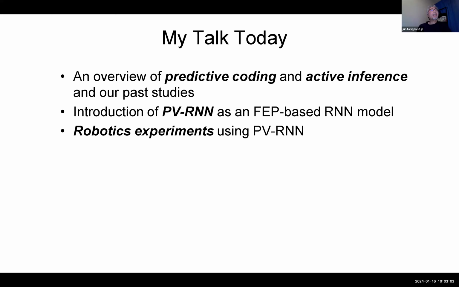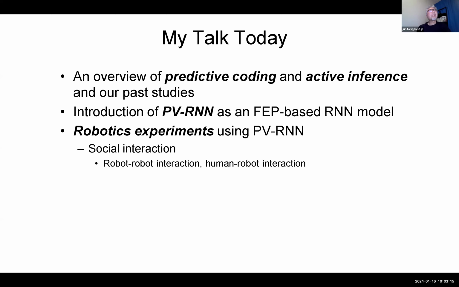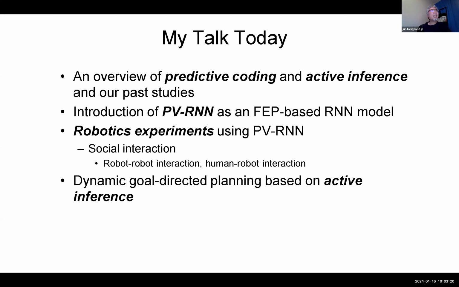After going through the basics of this model, I'm going to introduce some robotics experiments using it. That includes social interaction, imitative interaction, that is robot-robot interaction or human-robot interaction. Then we go to dynamic goal-directed planning based on active inference, and then I show you some summary. So that is my plan today, and hopefully I'll finish in 45 minutes or something like that.